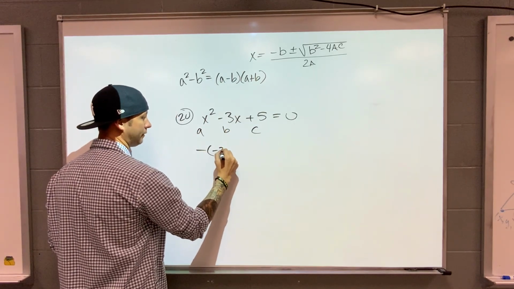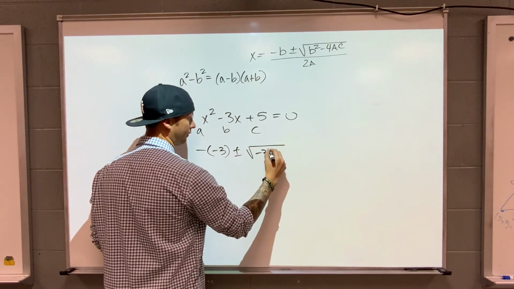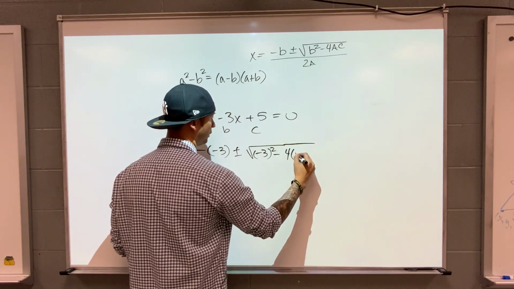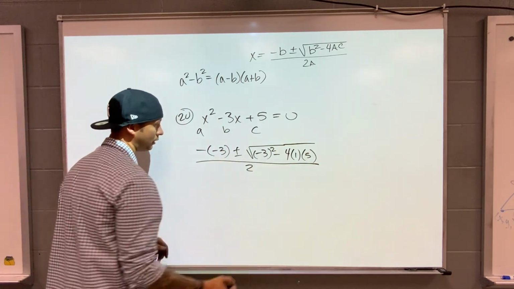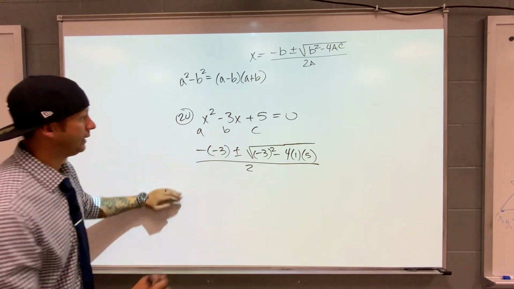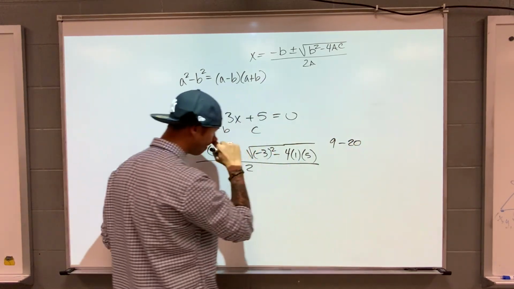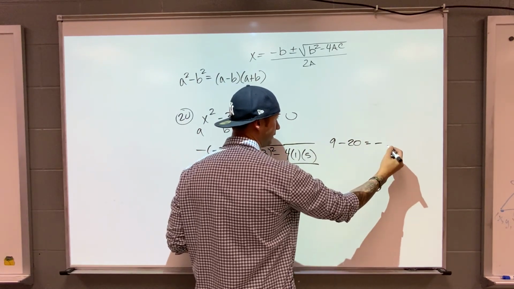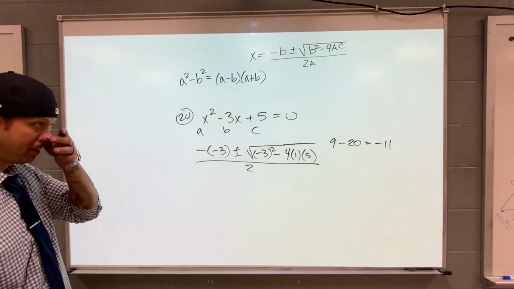So this is going to be negative negative 3 plus or minus root negative 3 squared minus 4a, which is 1, c, which is 5, all over 2 times a, which is 1, 2 times 1 is 2. Okay, discriminant 9 minus 20. So it's obviously going to be negative 11. It's prime, so I can't factor anything out.